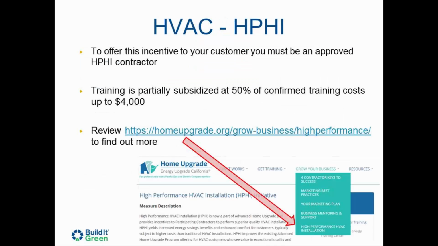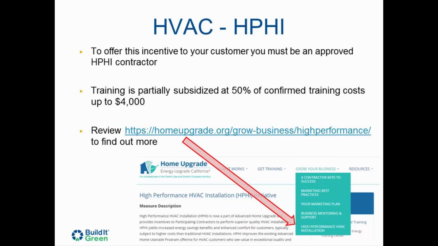All right, so previously stated, you must be an approved HPHI contractor in order to offer that to your customers. Just a point of clarification, the reason the measure is called HVAC Ultimate Comfort is because that is a customer-facing incentive, and that was the term that was chosen to market that measure to customers.